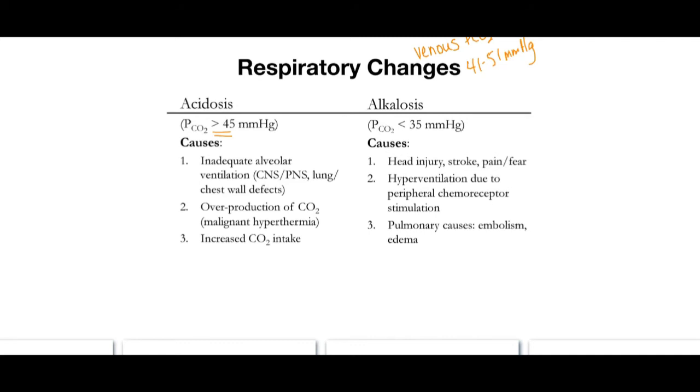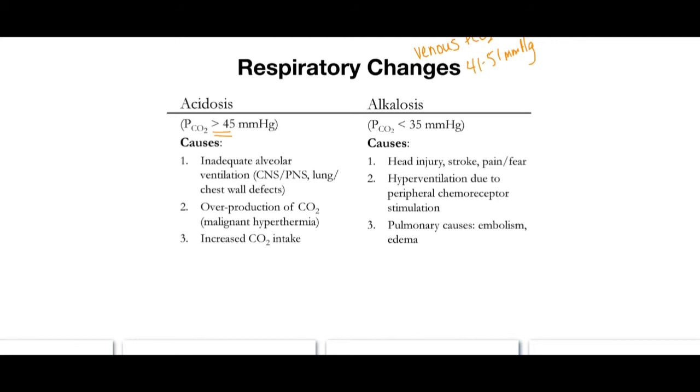Why? Metabolism. You just picked up a whole bunch. Some of it's going to be carbamino compounds, some of it's going to be existing as bicarb, but you're going to have more of it existing as partial pressure on the venous side.